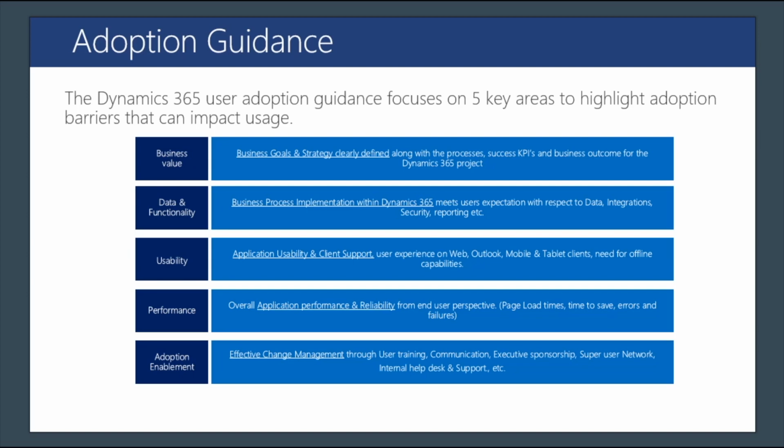The next one is data and functionality, and this is where I think it's more of a solution-based thing that you need to consider when you're doing data migrations, or even when you're doing integrations. You need to think about it, because the overall solution that you're building, if it doesn't meet the expectations of the user, or if it doesn't work the way users actually work, then the adoption is going to suffer.